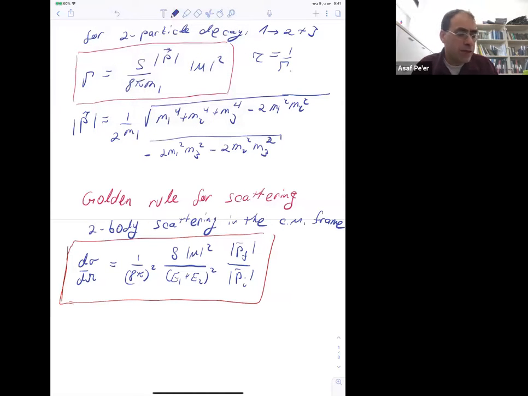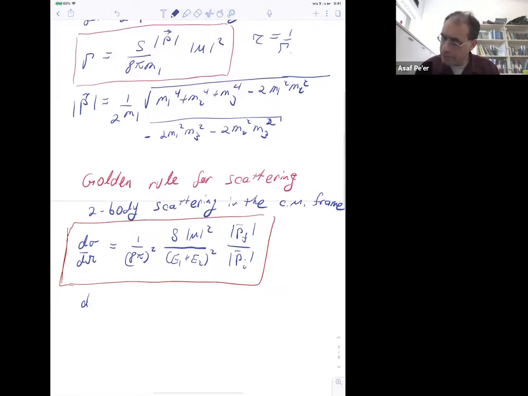Now, I argue that the dimension of M really depends on the number of particles involved. It's a dimension of momentum to the power of 4 minus N, where N is the total number of particles involved.